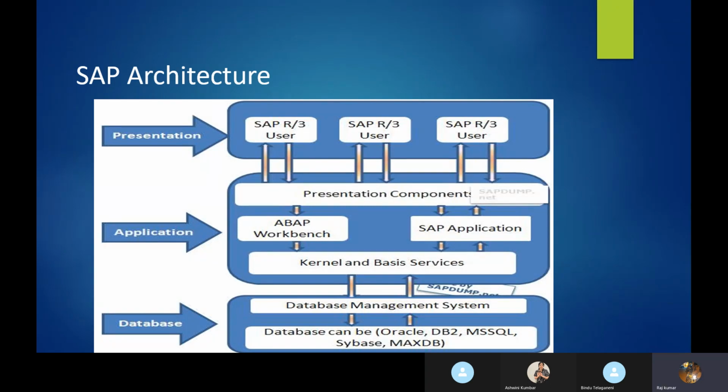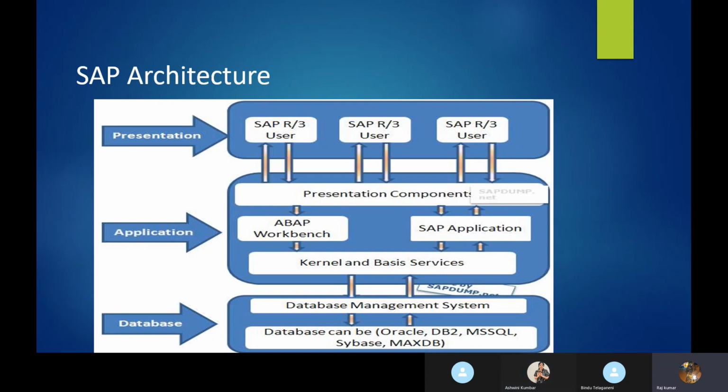Database layer, application layer, and presentation layer. This is known as your R3 architecture. In interviews, they will ask you what is SAP architecture or what is R3 architecture. Am I clear? Yes, sir.